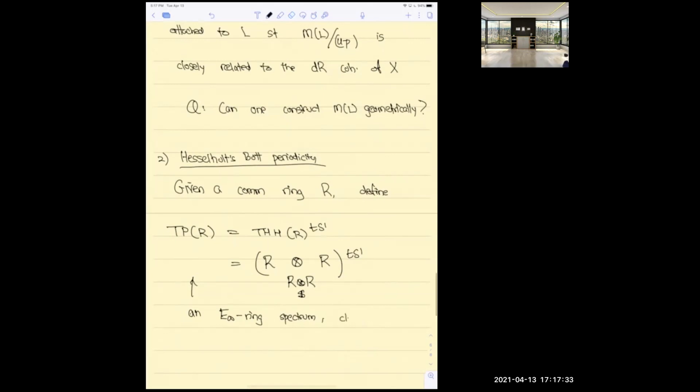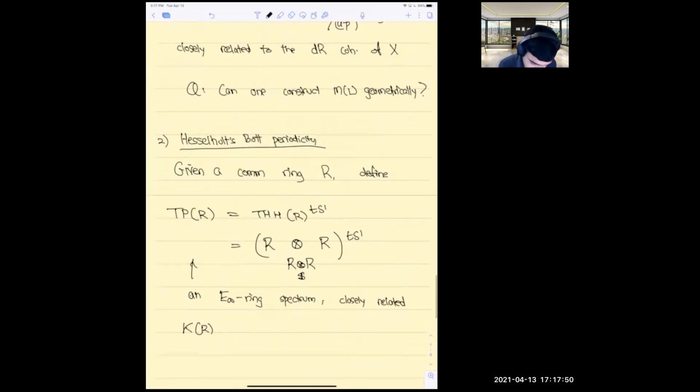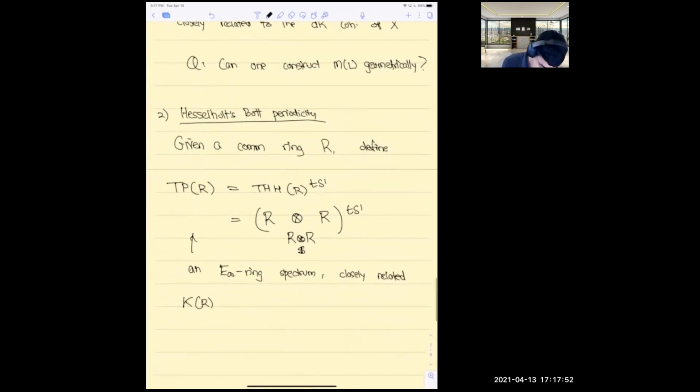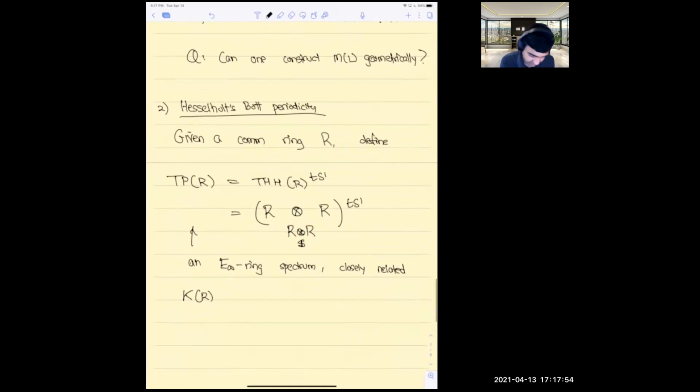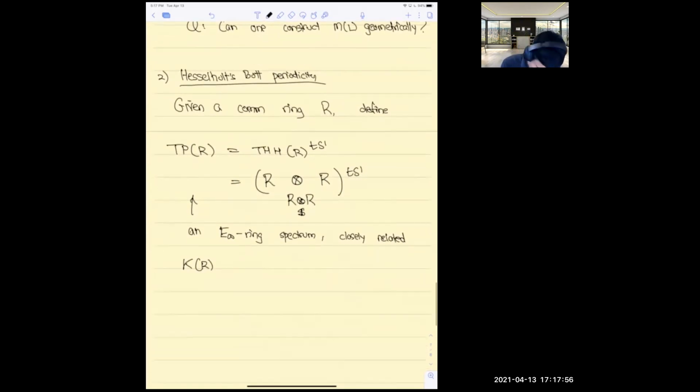So it's closely related to algebraic K theory of R. It's generally considered to be the case that there are these approximations to algebraic K theory that are more computable, and TP is one of these approximations. So it's something you want to understand. And Hesselholt was trying to understand this in the simplest case, in the case of O_C.